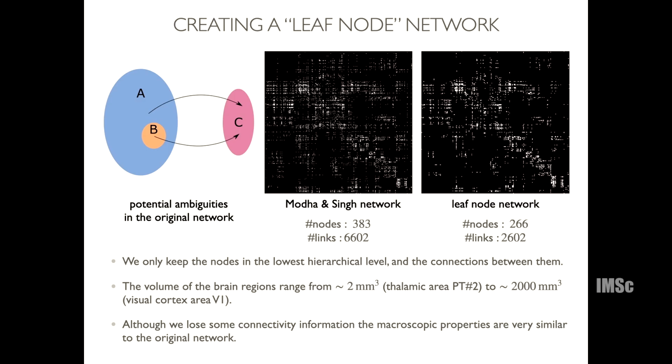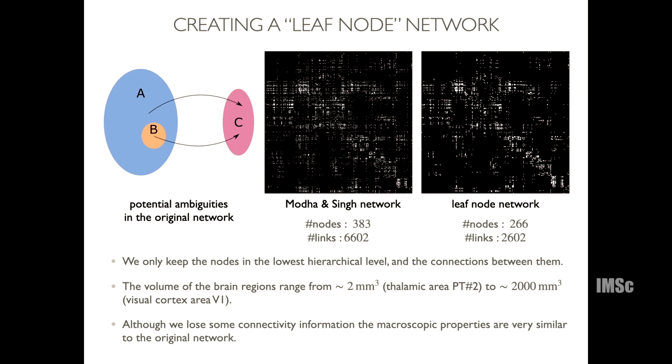And so we said, all right, to remove any ambiguity, we're going to just remove any node that has a child, right? Basically any node which can be subdivided further, and we're going to remove any link associated with that node.